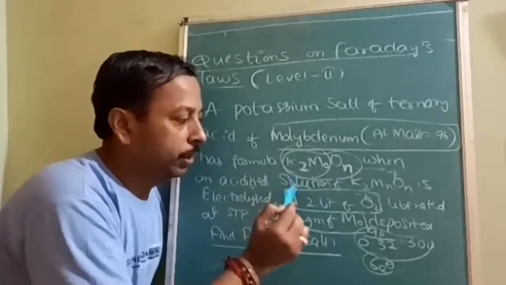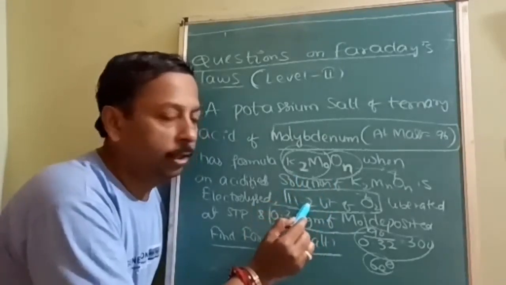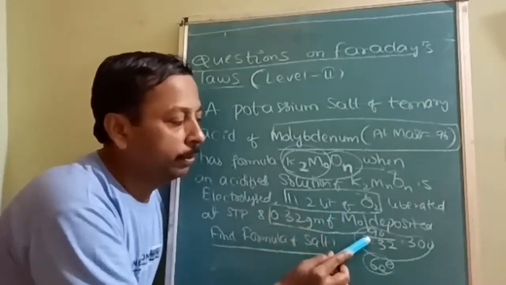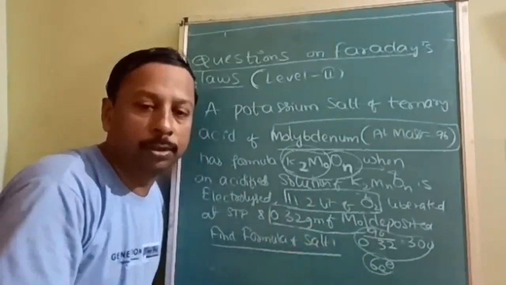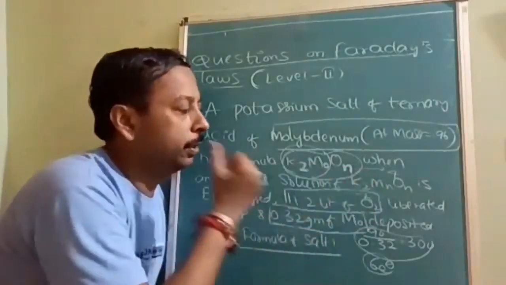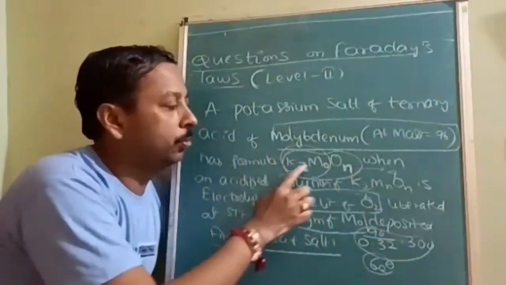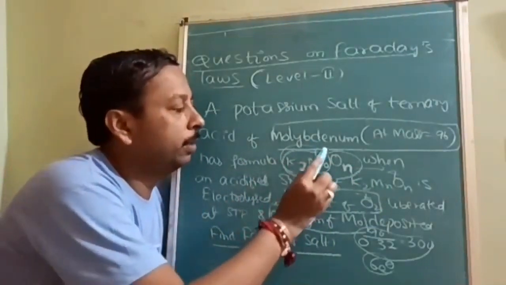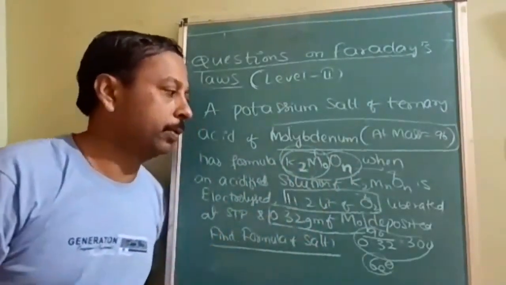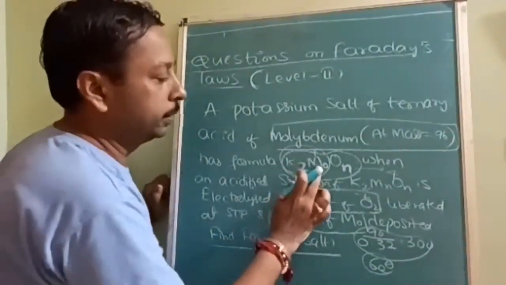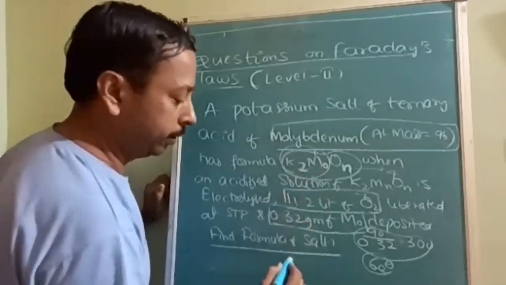You can use the oxygen charge, otherwise you can use 11.2 liter. So 2 from here, 3 from here. So we get 6 moles of electrons for each change in oxidation number for K2 and Mo. For molybdenum, how much is required? 6. 6 is the oxidation number of molybdenum.